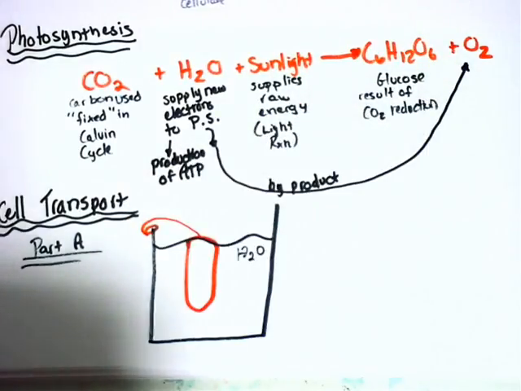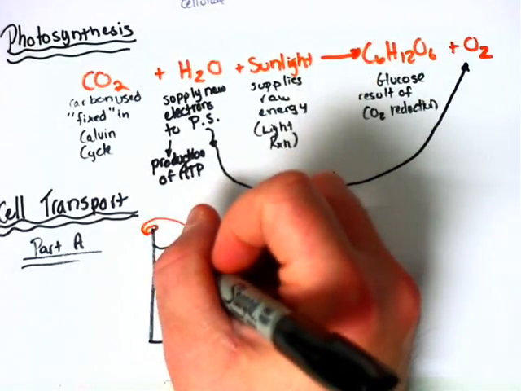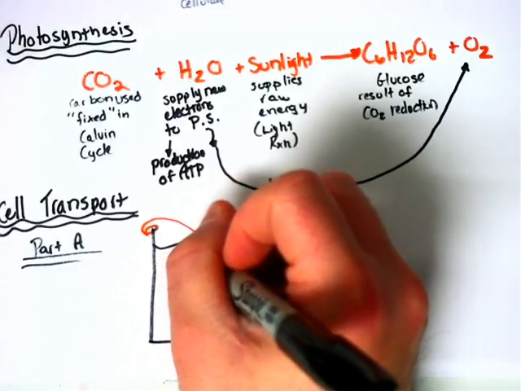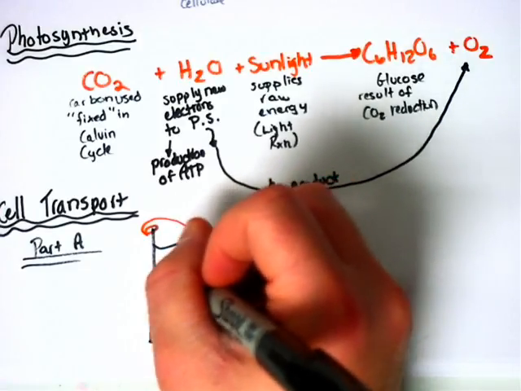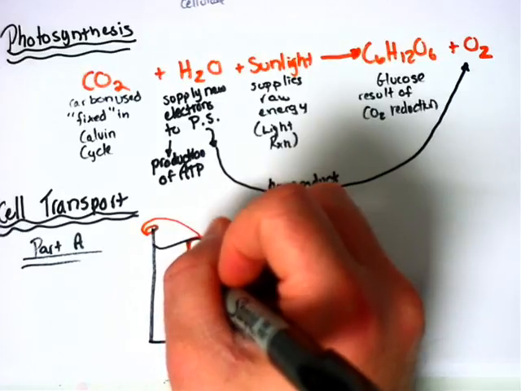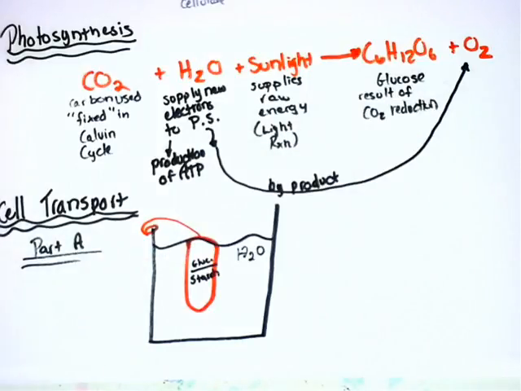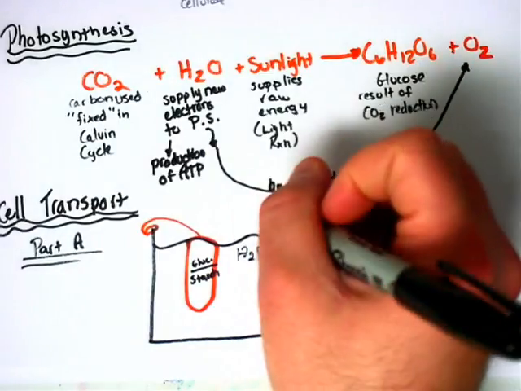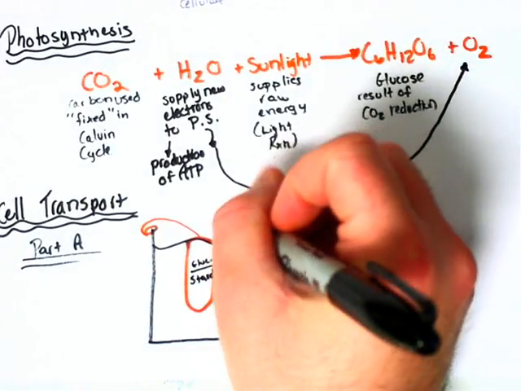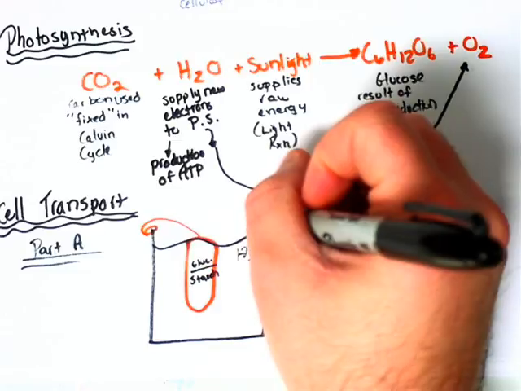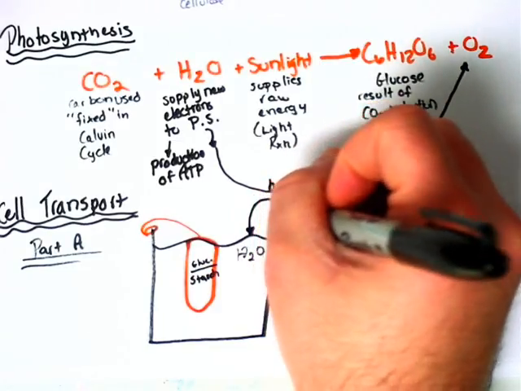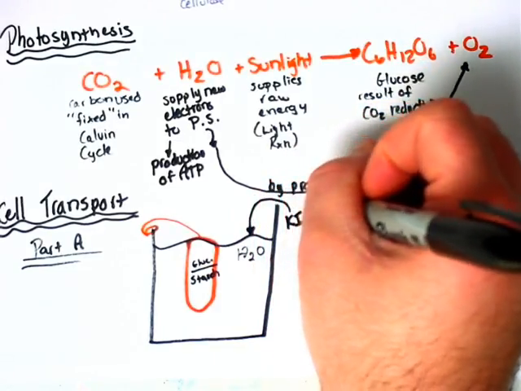And in the dialysis tubing, I had glucose, and I also had starch. And then into the beaker, I poured in some amount of KI. KI stands for potassium iodide.